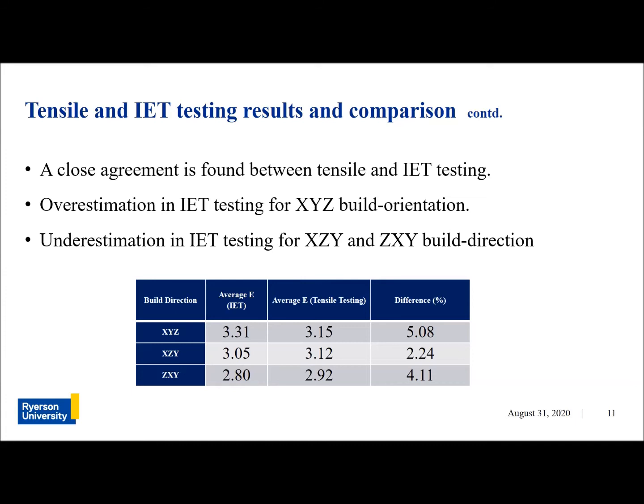Making an analogy with fiber composite material, in both XYZ and XZY build orientations, the fibers are along the axial force direction. As for ZXY, the extrudates are perpendicular to the loading axis, and the main force holding the layers together is rather the adhesivity between layers, which is weaker than the extrudates.